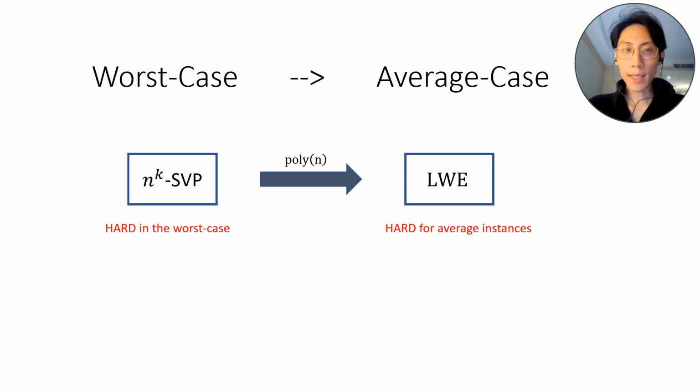But for lattice-based cryptography, we have this reduction from polynomial approximate SVP to learning with errors, so that if we are happy to assume that, say, n^k-SVP is hard in the worst case, we are able to obtain the conclusion that learning with errors is hard in the average case.